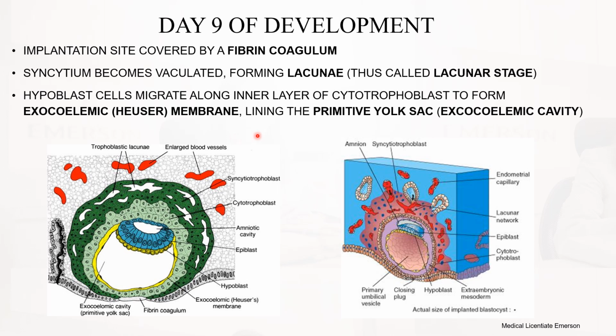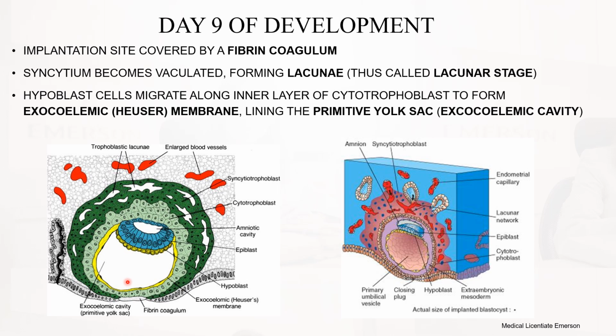Then this one lines the primitive yolk sac, which is the exocoelemic cavity. So the lining of the exocoelemic cavity, this cavity which we have seen, is called the exocoelemic membrane. That's what we are talking about.